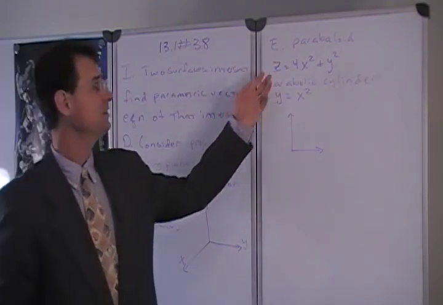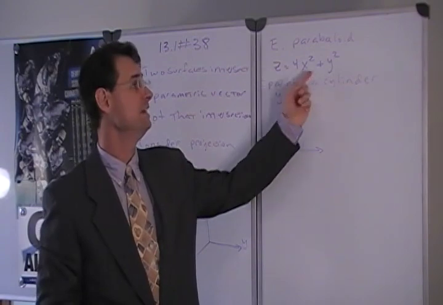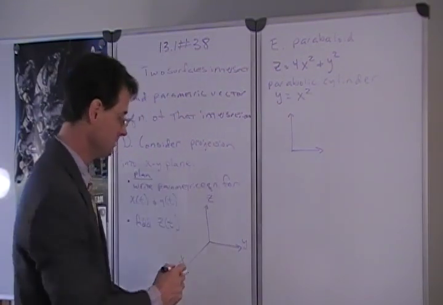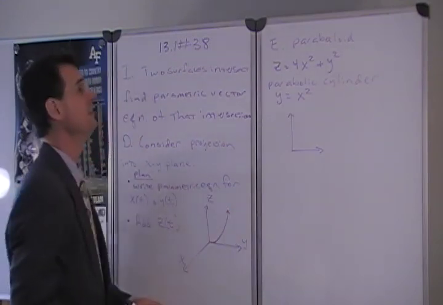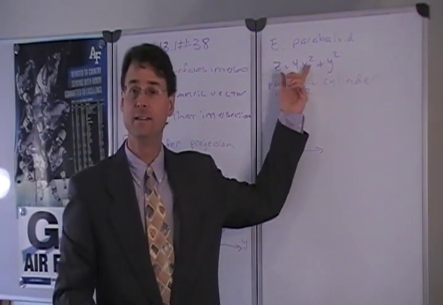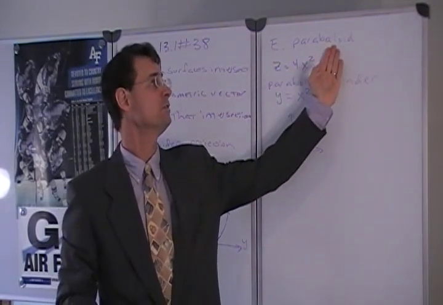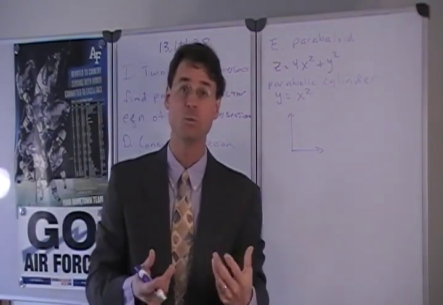Well, in the zy plane, x is equal to 0, and this is just z equals y squared. So that's just a parabola. Now, in the xz plane, it's y equals 0, so it's z equals 4x squared. So that's a parabola as well.